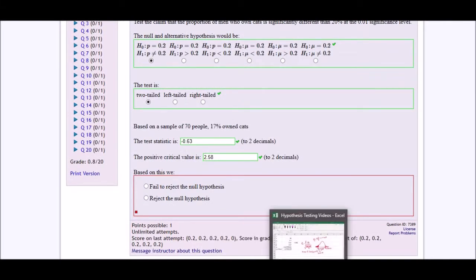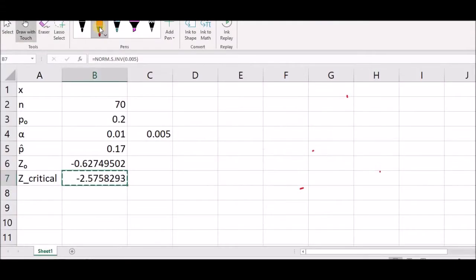Now let's look at what we have. Let's draw the area, and let's draw Z0 and Z critical, and let's see if we're going to reject the null hypothesis or fail to reject the null hypothesis. So here's the distribution, and here's one tail, and here's the second tail. This number we found out it is negative 2.58, so this one is going to be 2.58.